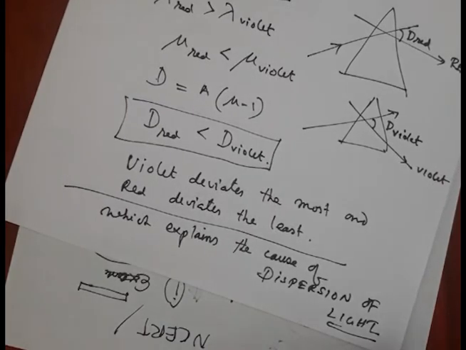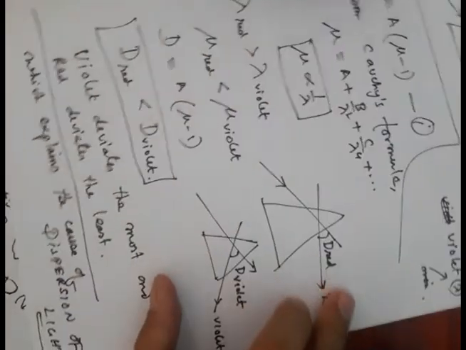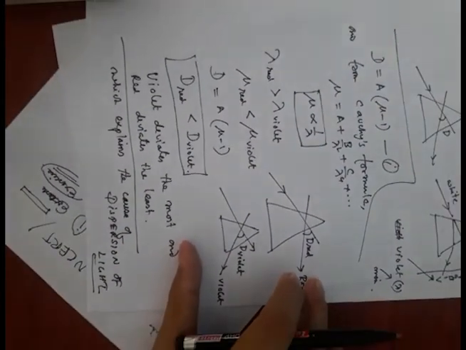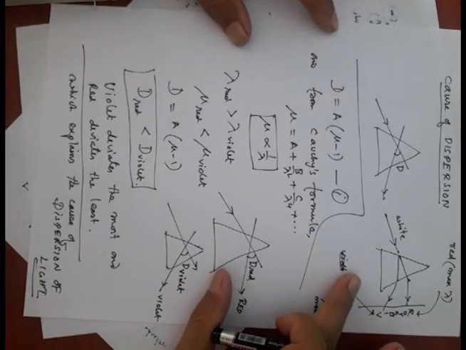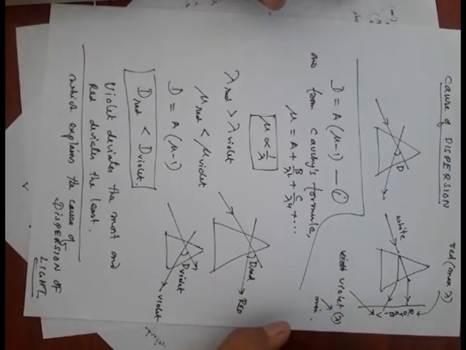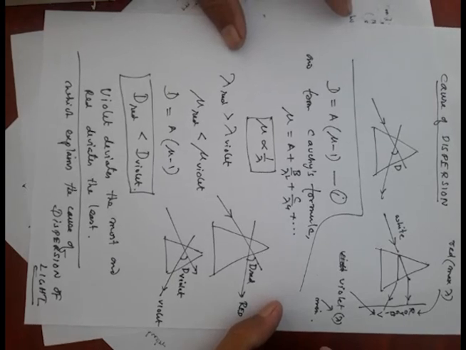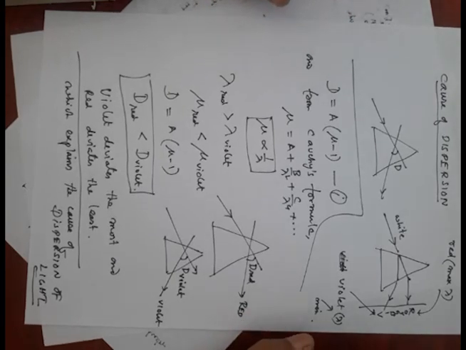You just go through it one more time. I do hope that you are following my videos, and this is the second part of the video. And for scattering of light, you will be explaining things like the blue color of the sky.